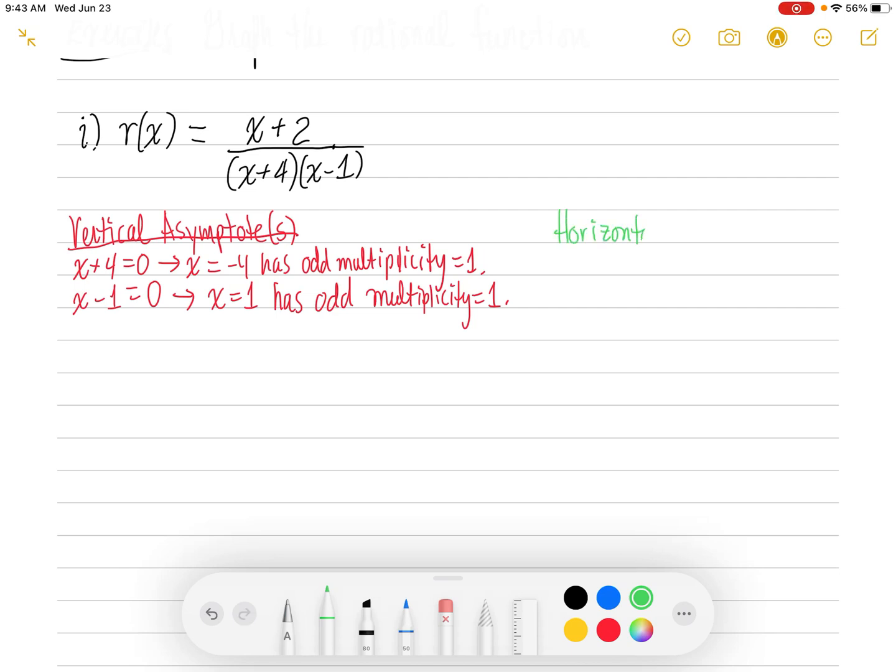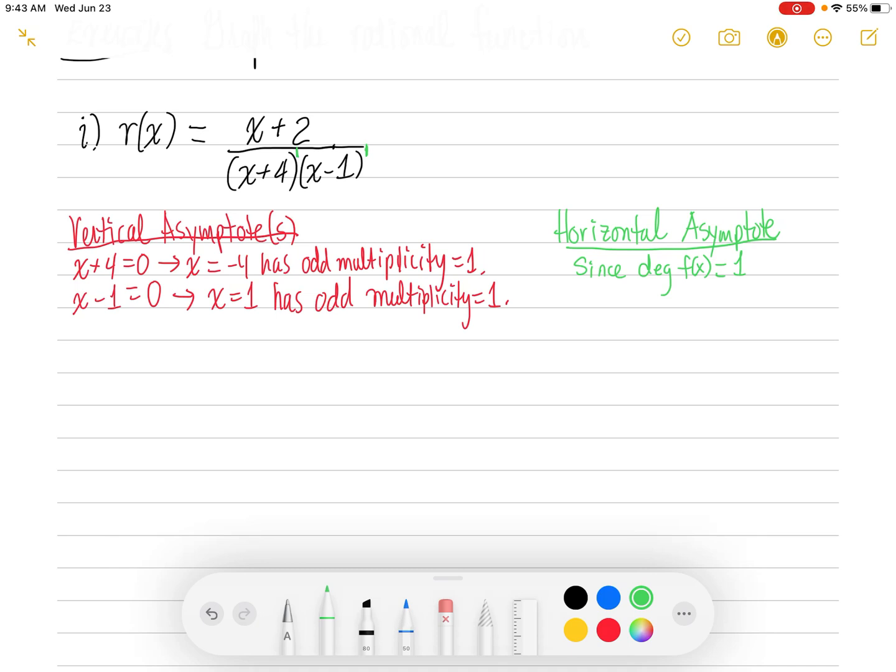Okay, so I want to do my horizontal asymptote. To do that, we're going to look at the degree of the top and the degree of the bottom and compare the degrees. So what is the degree of the top? I'm going to call it f of x. The top has degree 1, right? The largest power on top is 1.